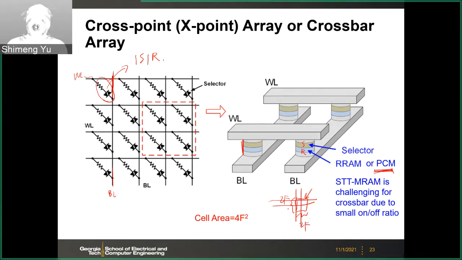So theoretically, you get 4F squared in the 2D space. And if you stack this in the vertical direction, you get the 3D expression, 4F squared divided by L, where L is the number of layers in the 3D stacking. This is exactly how Intel is doing it these days.